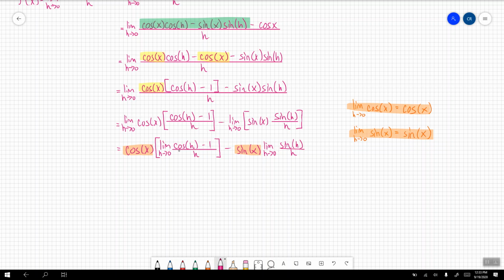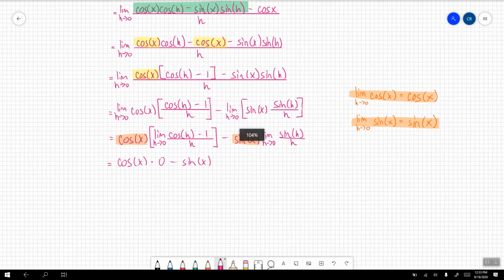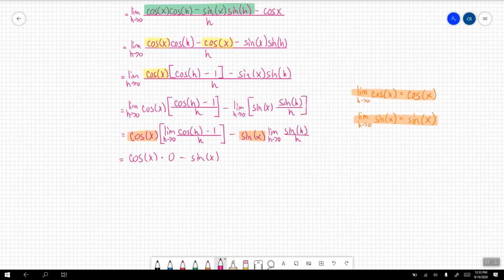So my first limit is going to evaluate to 0, which means we're going to have cosine of x multiplied by 0 minus sine of x multiplied by this limit. And again, that limit looks highly familiar. Looking at the top left of your screen, we have the limit as x approaches 0 of sine of x divided by x is equal to 1, which is this exact same interpretation.